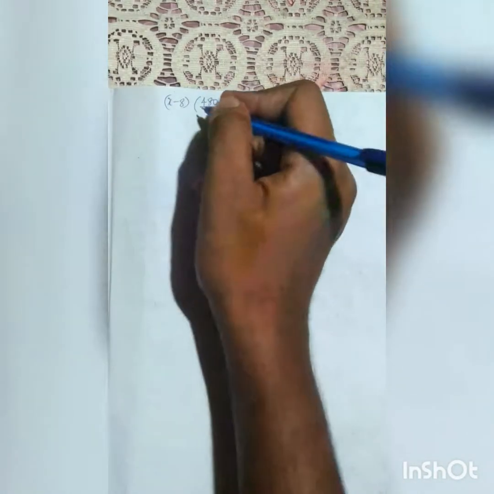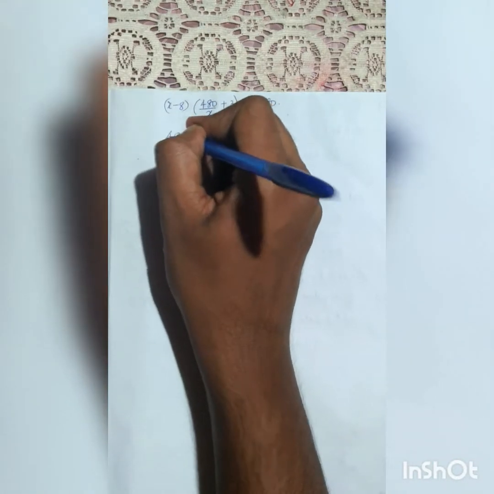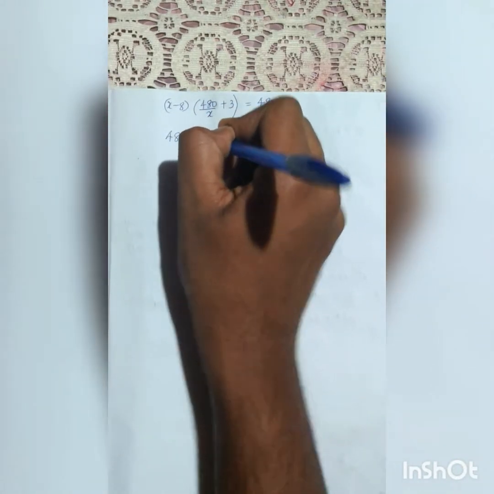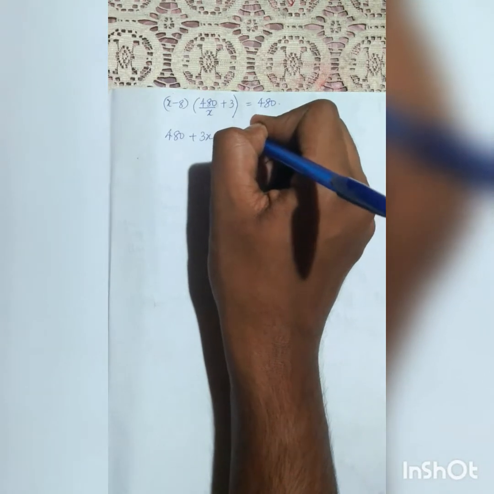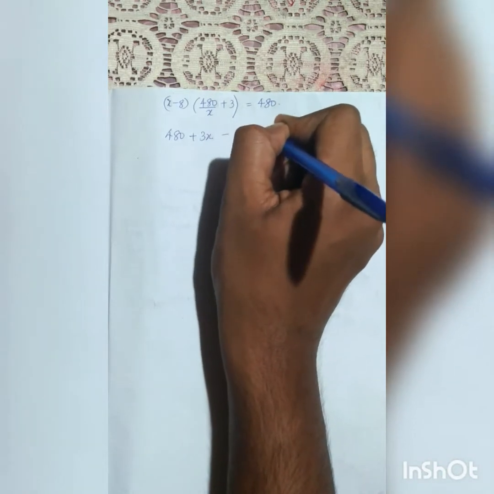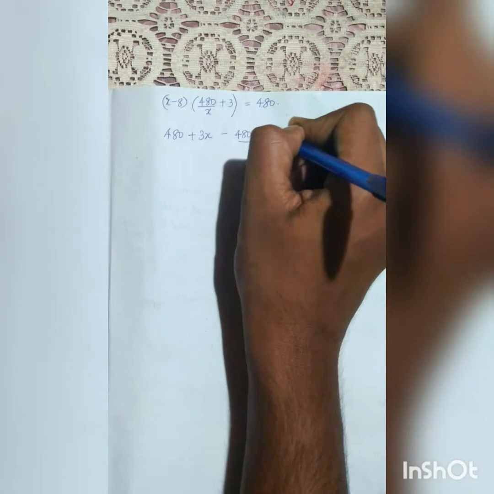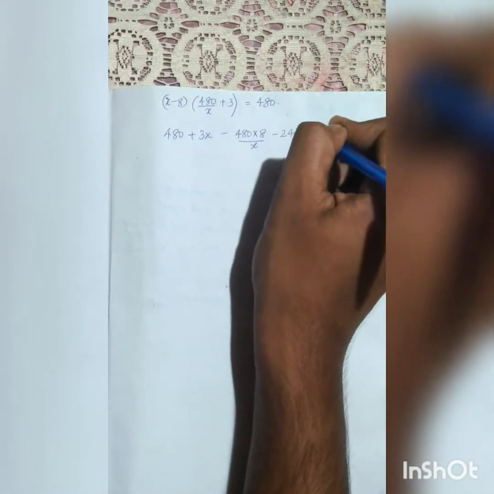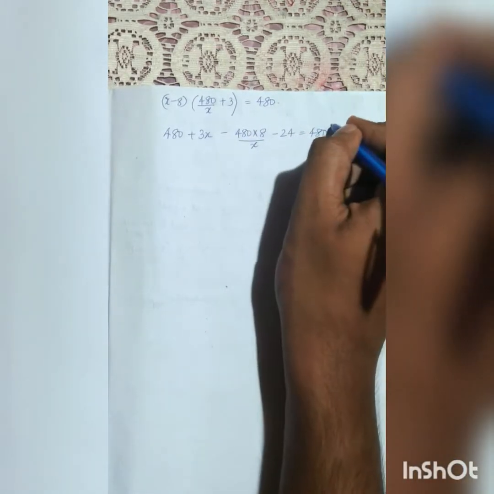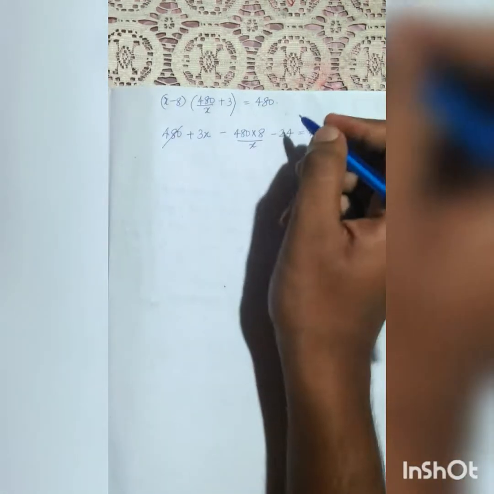Now upon opening this bracket we have 480 plus 3x minus 480 into 8 divided by x minus 24 is equal to 480. 480 gets cancelled on both sides.